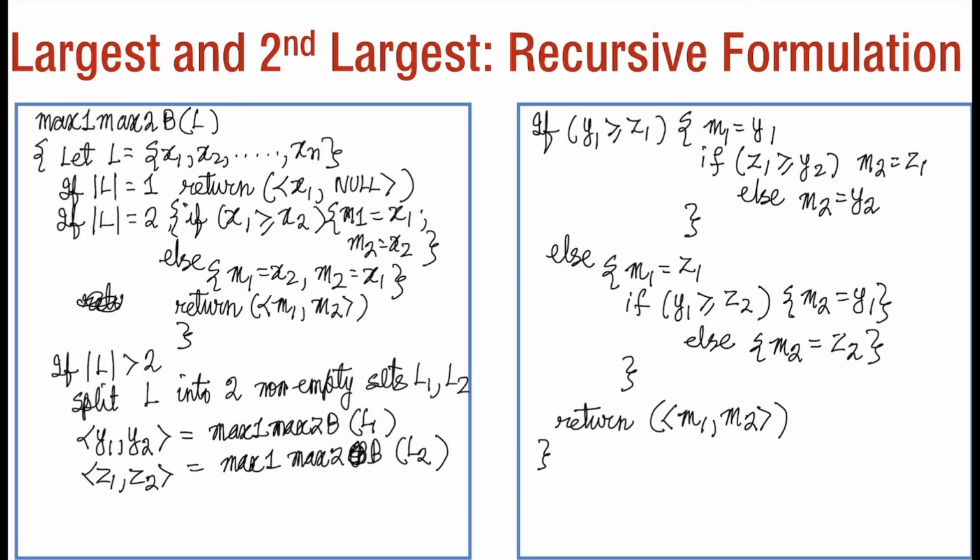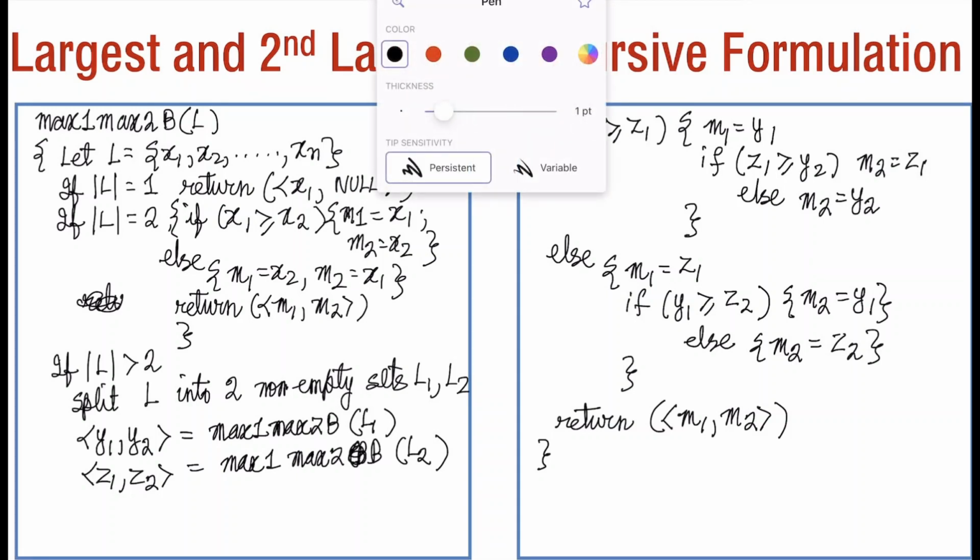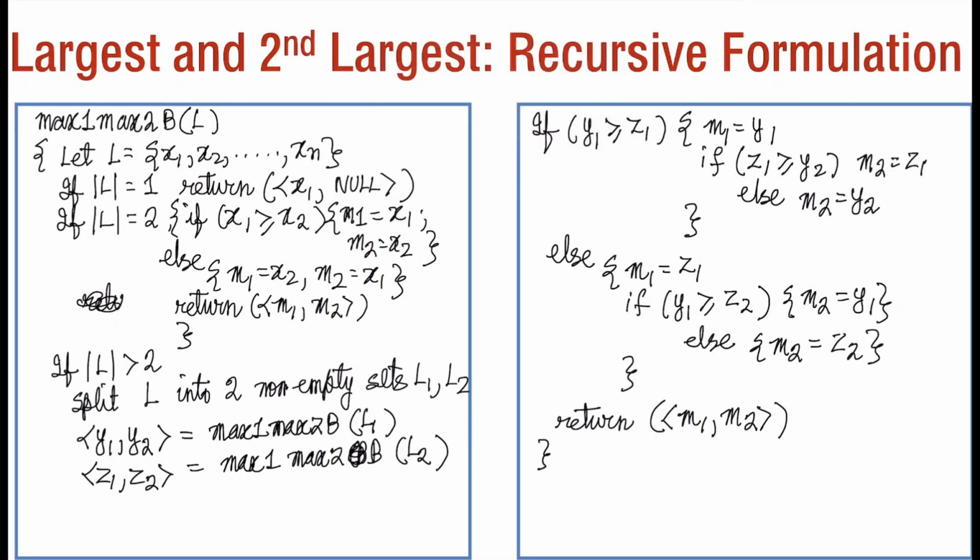That means the optimal splits, the recursion will be T(n) equal to T(k) plus T(n minus k) plus 2 if n is greater than 2.